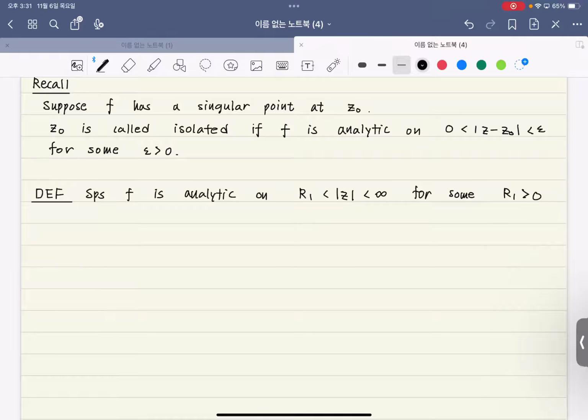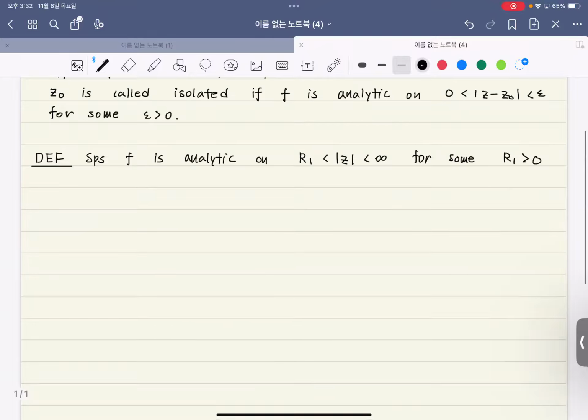Well, this is an annulus, and if my function is analytic on this annulus, then we say f has an isolated singularity at infinity.